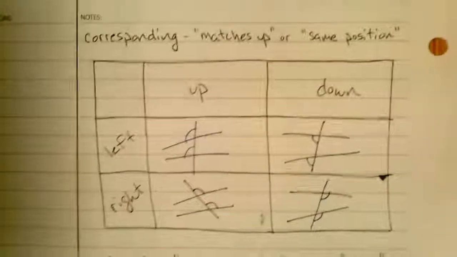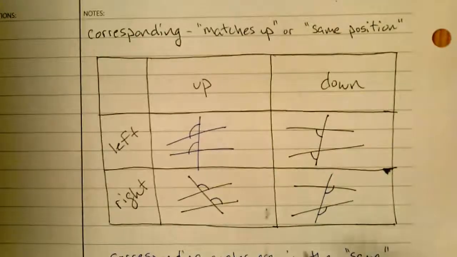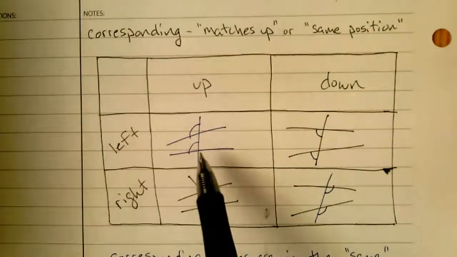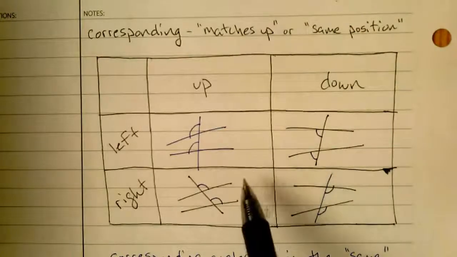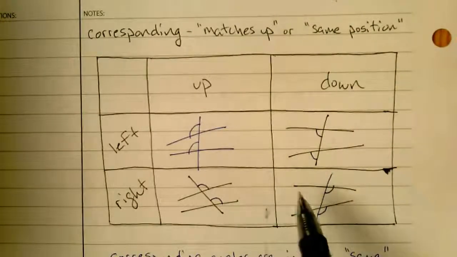And then we have one last sort of angle pair, and although this is just a single relationship, they're in the same position. So up and to the left, down and to the left, up and to the right, down and to the right. All these pairs are corresponding.